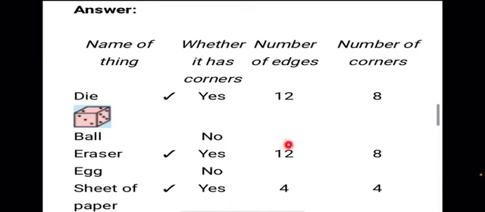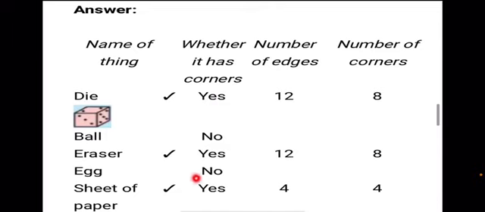No. It will not have edges and corners because a ball is round. It has curved edges. Eraser, yes. Now an eraser can be in the shape of a rectangle or a cuboid. So eraser, yes, it has corners. The number of edges it will have is 12 and the number of corners is 8.